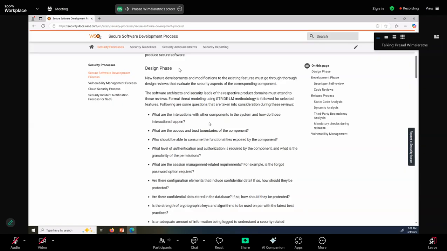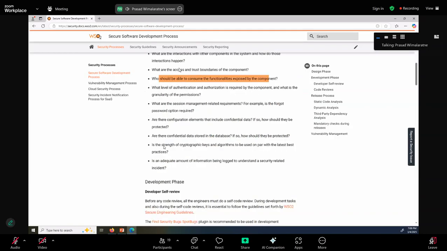From the phone we are booking an air ticket, using a contemporary Android-based application talking to some legacy application at the far end. So we may have to look at how the overall application is going to be integrated with different building blocks, and what the access and trust boundaries of the component are. I referred to trust boundaries, the dashed red line in that diagram. And who should be able to consume functions exposed by the component. So likewise, there are various questions we can ask.